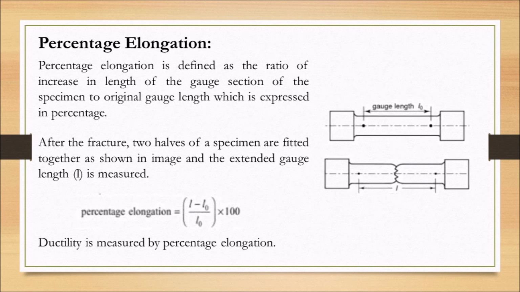Here observe, the gauge length is not measured along the complete length of the specimen, it is measured within the specimen gauge as shown in the image. Ductility is measured by percentage elongation. As ductility increases, percentage elongation also will increase.